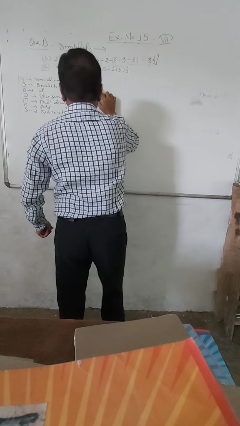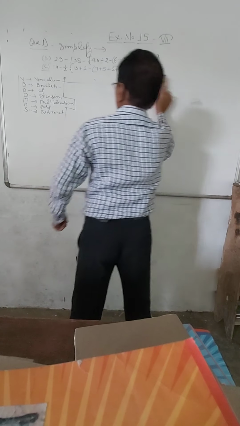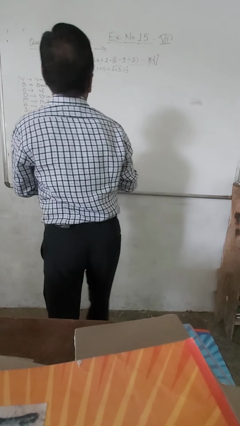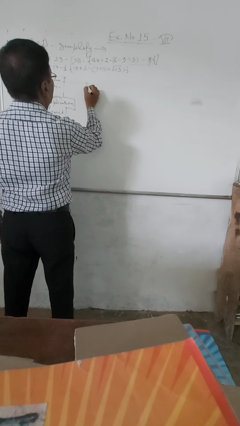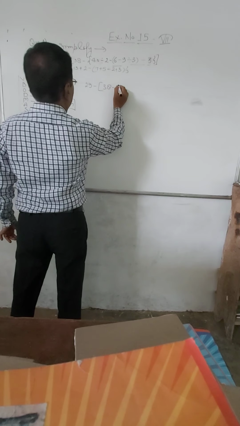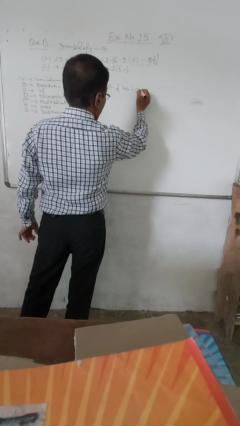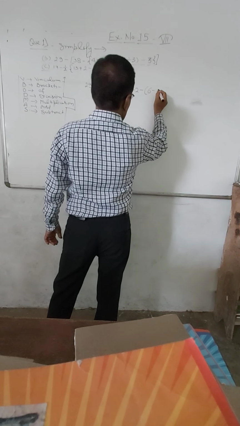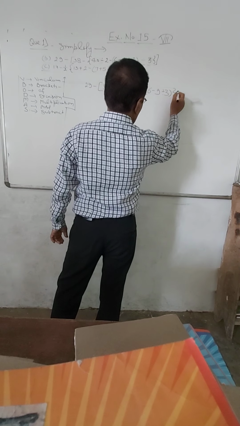The first problem: 29 minus big bracket 38 minus 40 divided by 2 minus 6 minus 9 divided by 3, with small bracket, curly bracket and big bracket.